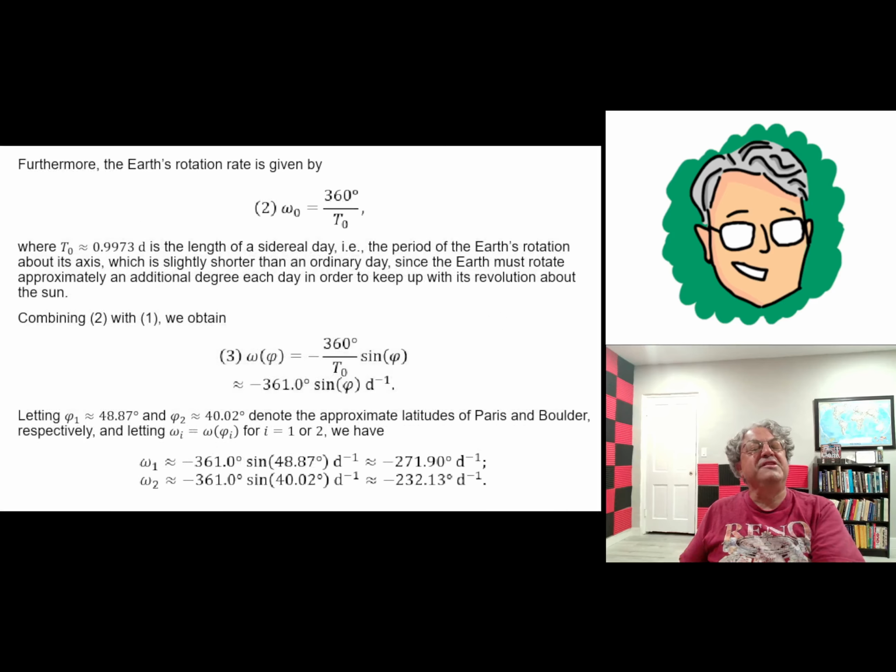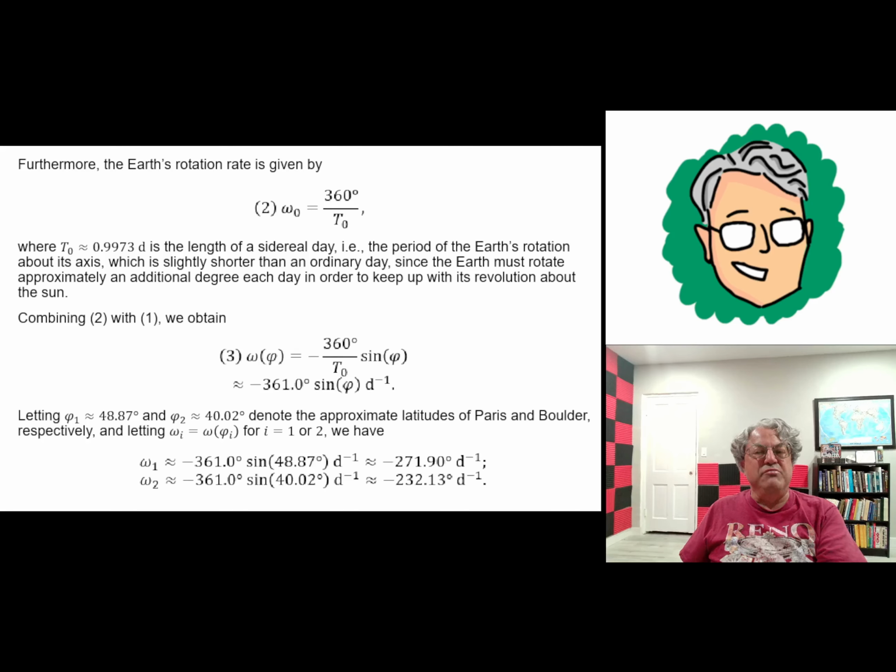And like I said, omega naught is 360 degrees divided by T naught, where T naught is a sidereal day. And like I was saying earlier, a sidereal day is a little bit less than an actual day. The reason for that is because a sidereal day is the period of time it takes for the Earth to rotate 360 degrees about its axis.